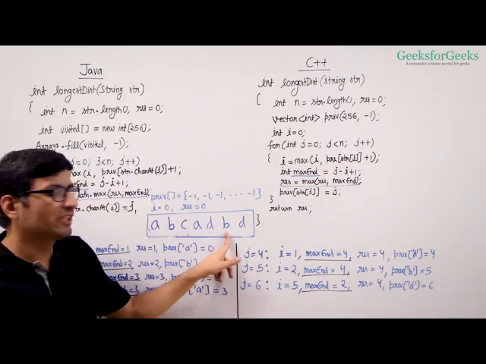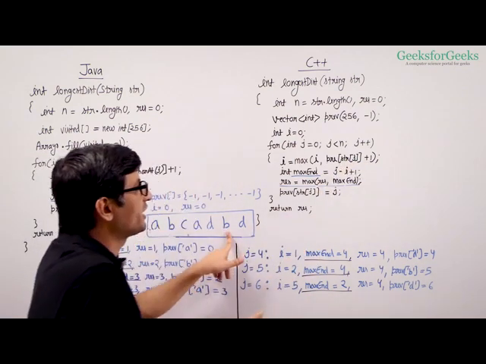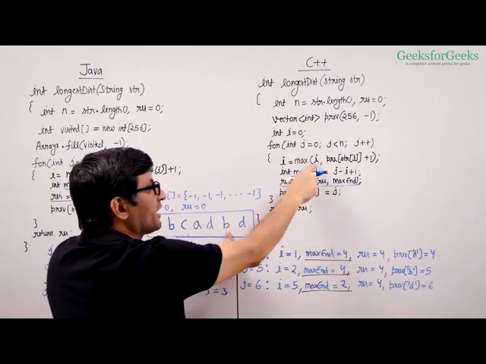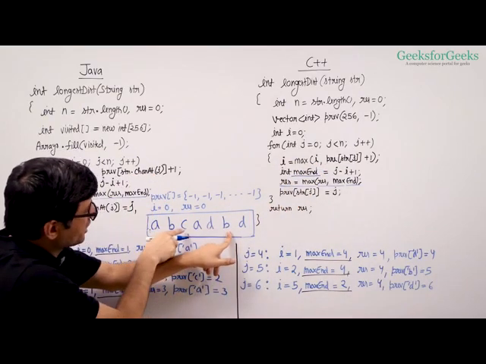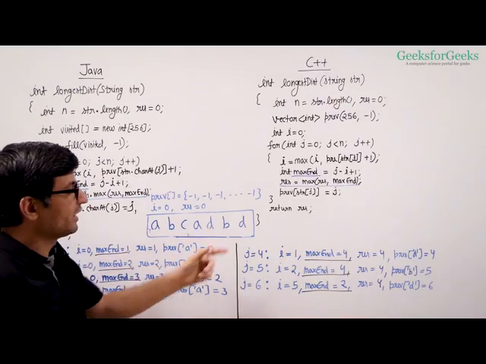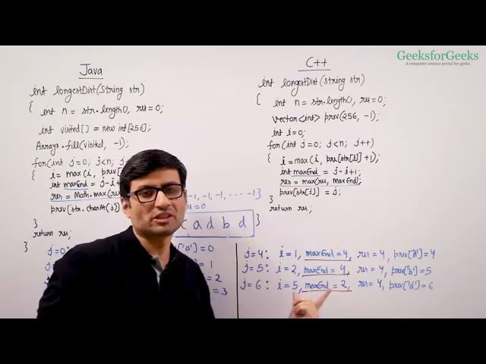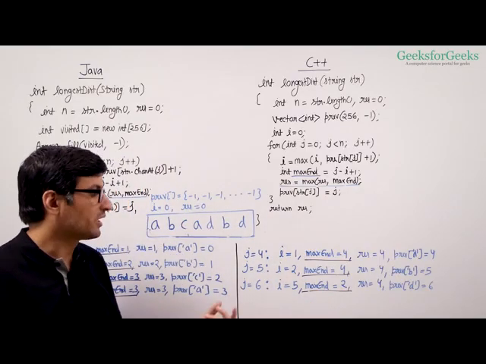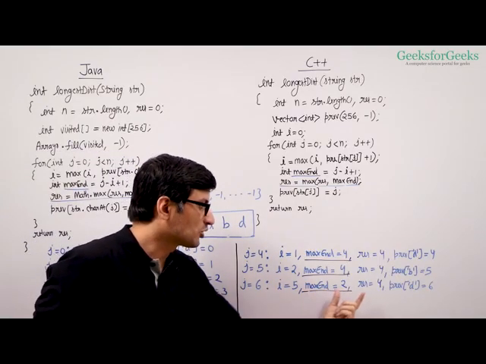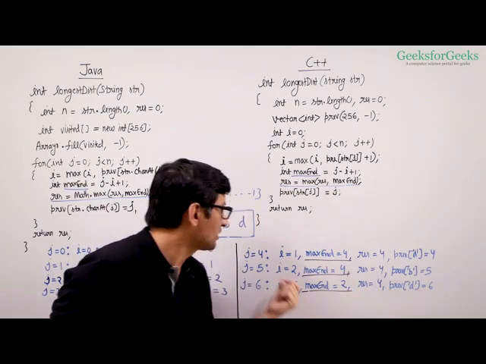So we get the starting index as 5. Please note that we are taking this value because starting index of the previous window, the previous i, was this index, right? And this index is definitely greater, so we are taking 5. And the max end that we are going to get is this one, 6 minus 5 plus 1. And this is definitely not greater than result, so we are going to keep the result as 4, and we are going to update the previous of D as 6.